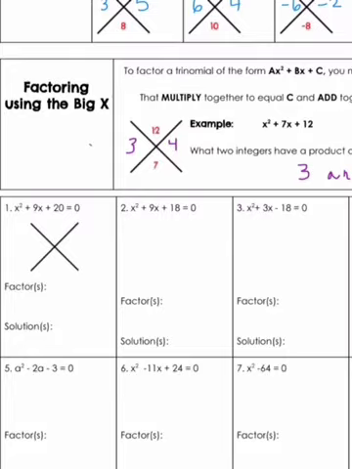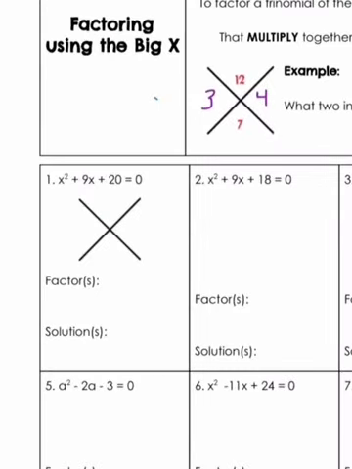All right, getting into finding those factors and those solutions. So we're going to put in what two numbers multiply to be 20 and add to be 9. Those two numbers would be 5 and 4. We can write those as factors, x plus 5 and x plus 4.